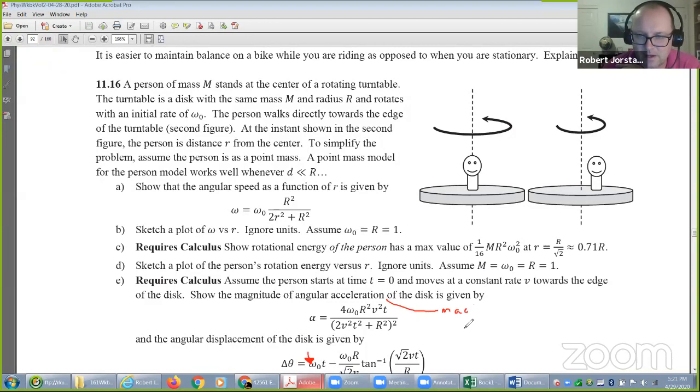I didn't say that, but I think I meant it. All right. I want this to be angular acceleration magnitude. All right. And then make those corrections in your workbook right now if you've got it. All right. And I'm going to see if Alexis has anything else in the chat.